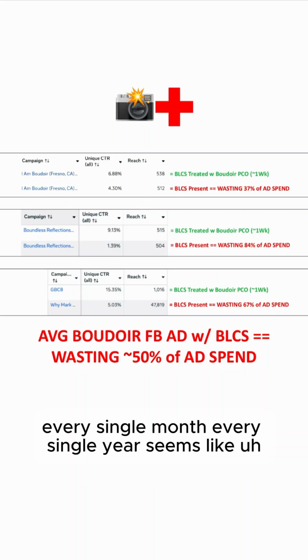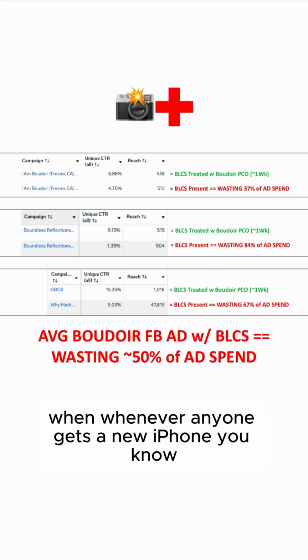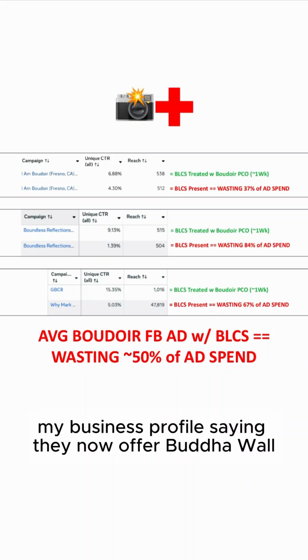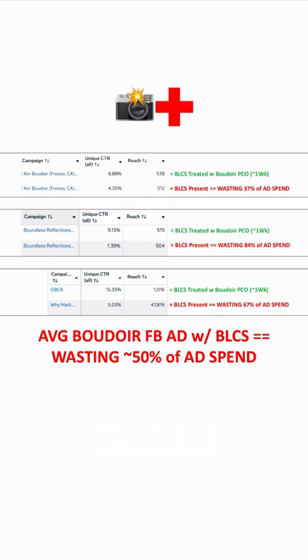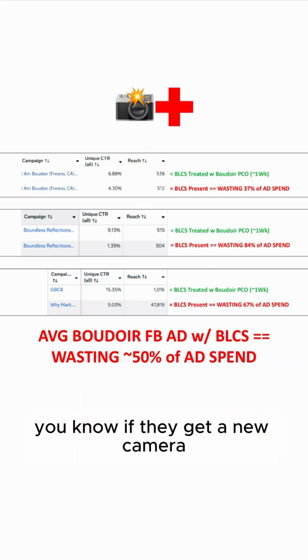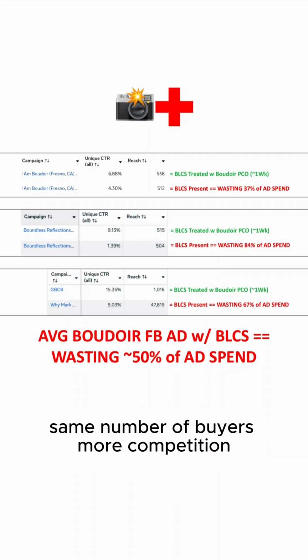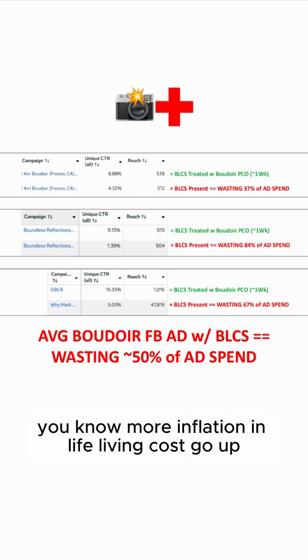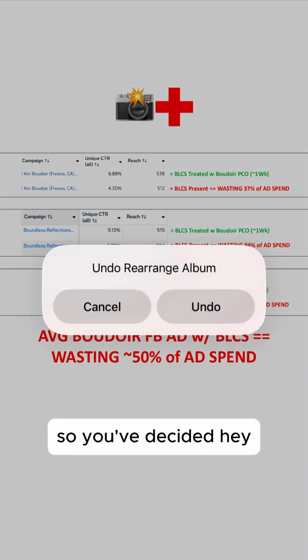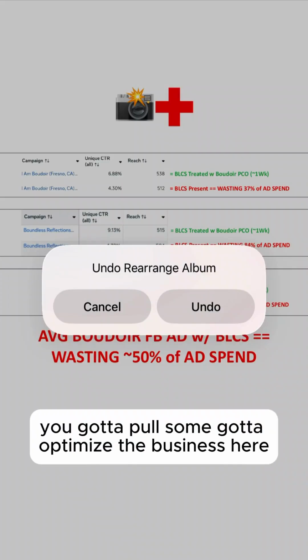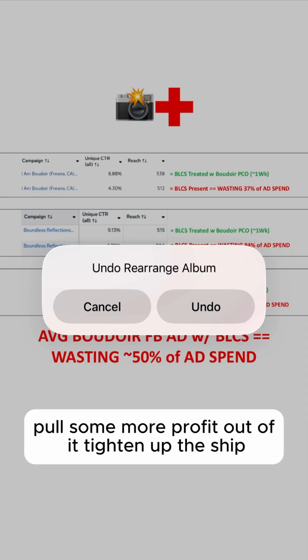Seems like whenever anyone gets a new iPhone, they're also throwing up a new Google My Business profile saying they now offer Boudoir, or if they get a new camera, they're posting in the mom group saying they now offer Boudoir. So there's more service providers, same number of buyers, more competition, and you're also seeing more inflation in life, living costs go up. So you decided, hey, you got to optimize the business here, pull some more profit out of it, tighten up the ship.